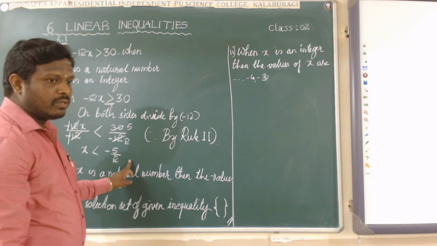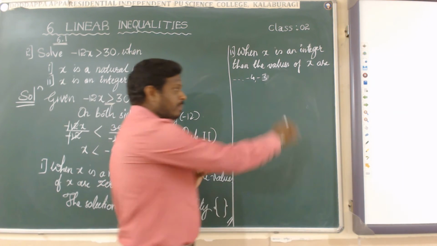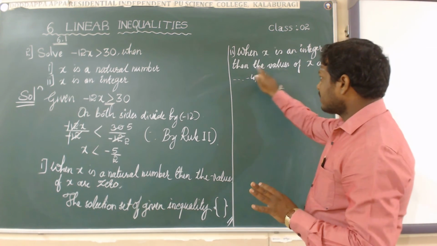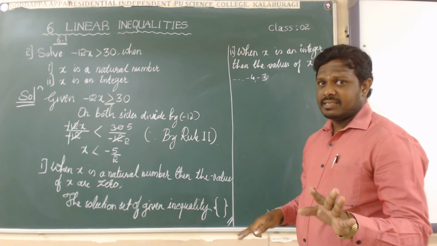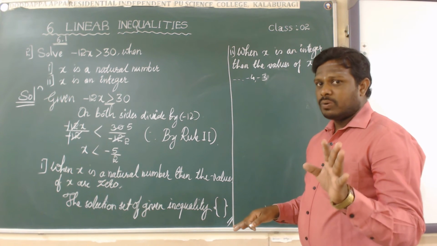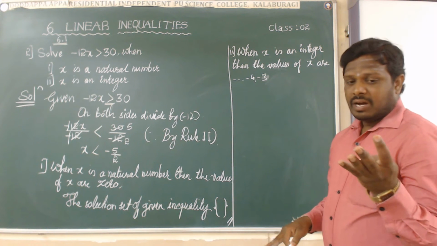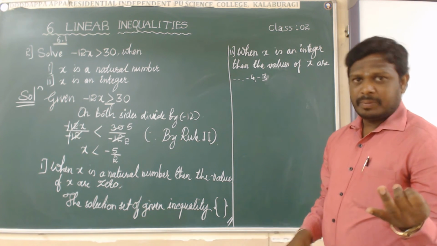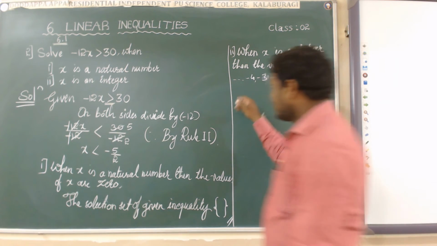So minus 2.5 is not present in the set of integers. We can see the whole numbers, meaning complete numbers, in the set of integers. The set of integers includes the number 0, all negative counting numbers, and all natural numbers are present in the set of integers.